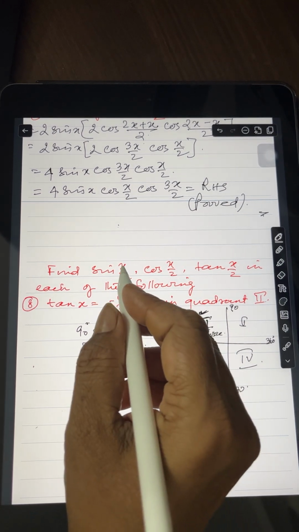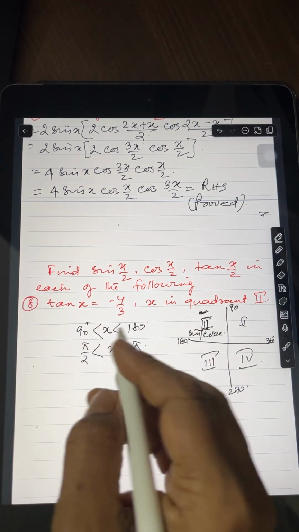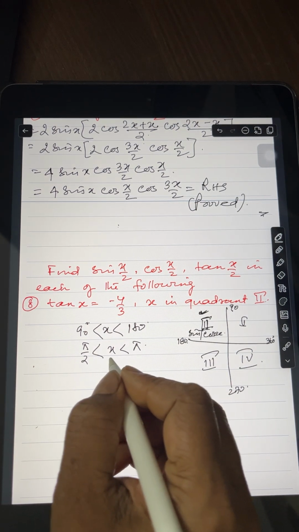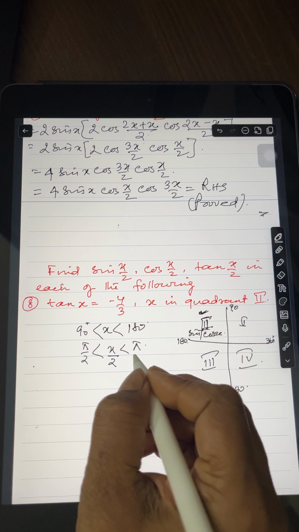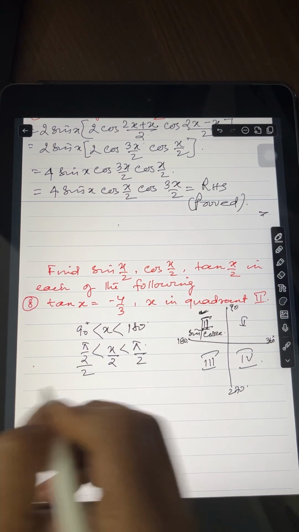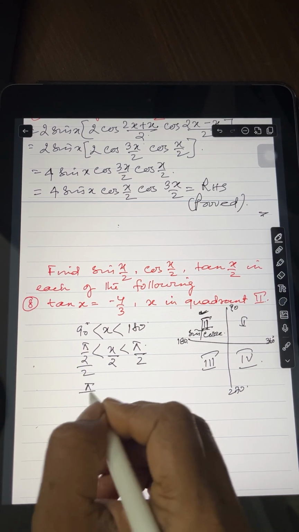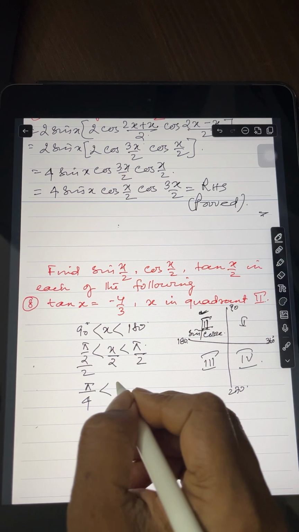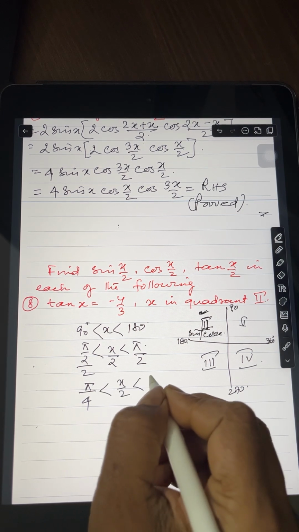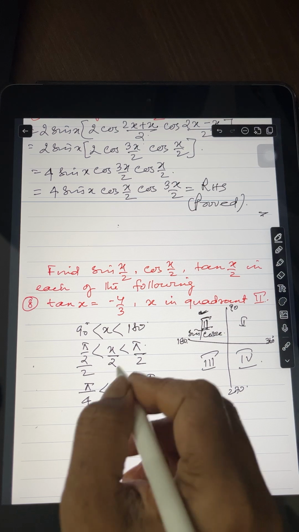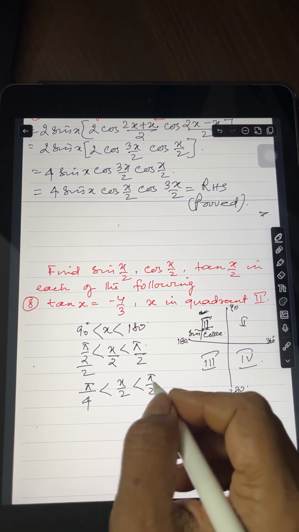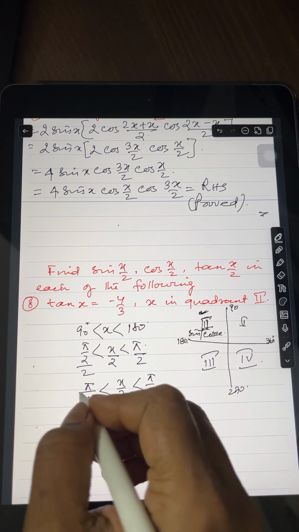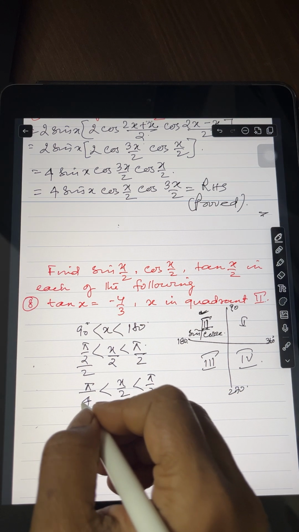Now you see, x by 2 you will have to find out. So I can divide by 2. If I divide x by 2, I'll have to divide the whole by 2, no? So this will become pi by 4 is less than x by 2 is less than pi by 2. So x by 2 is our angle theta. So x by 2 is less than pi by 2 but greater than pi by 4.